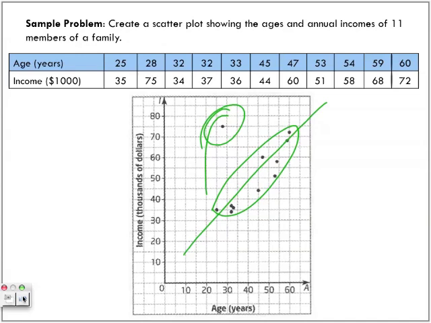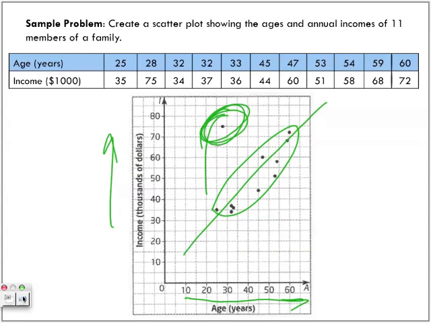But what does this tell us? In terms of most of the information, what does it say? As we get older, or as the family members get older, what happens? The more income you're receiving. So you're making more money as you're getting older, with the one exception of this 28-year-old here. 28-year-old making how much? 75,000.